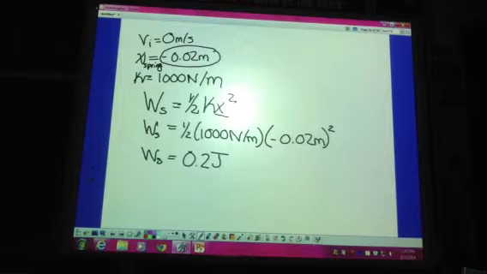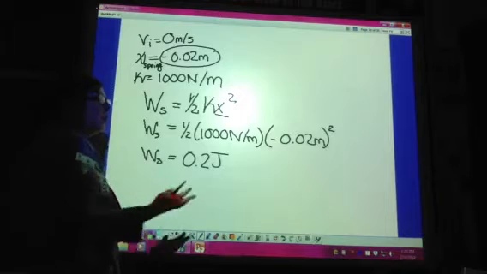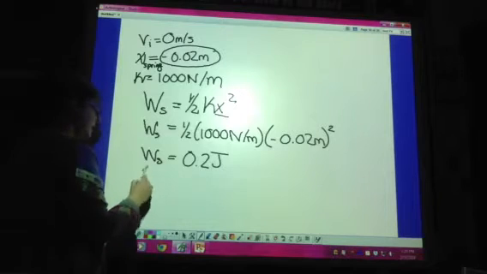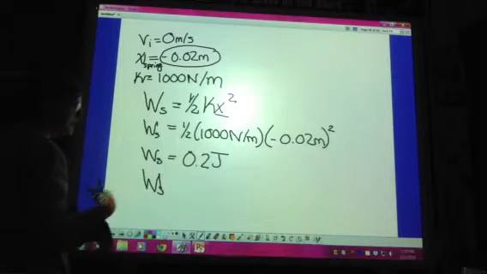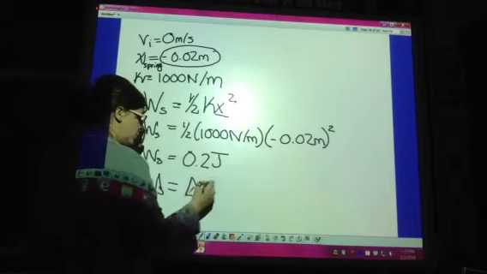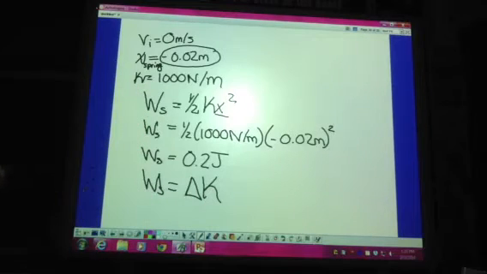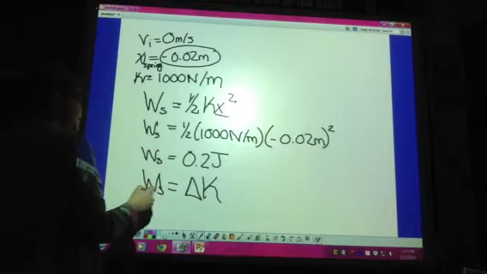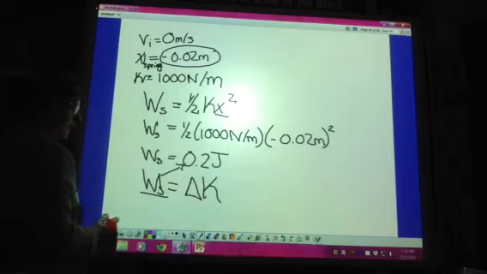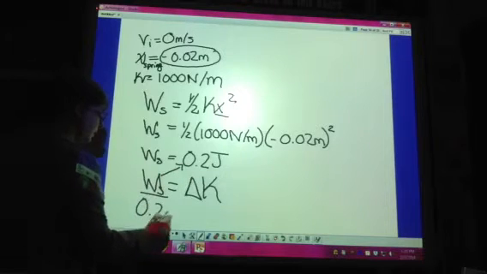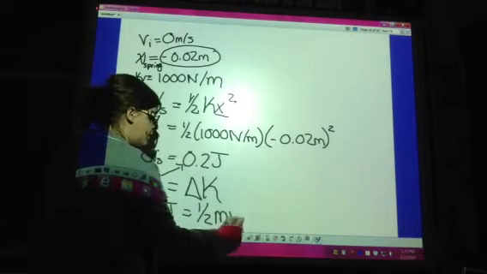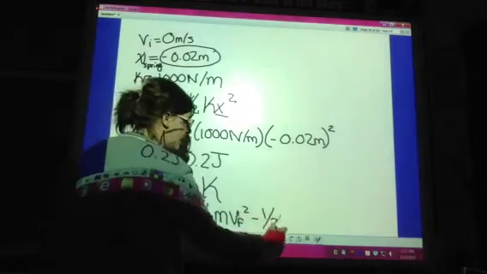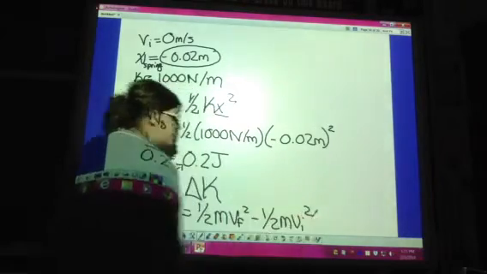Now they asked us to calculate the speed of the block. I know that my work-kinetic energy theorem can come into play, because the work being done by the spring on this object should be equivalent to the change in kinetic energy of that block. We already calculated it, so I know that this is 0.2 joules. Delta K is equal to 1/2 m v final squared minus 1/2 m v initial squared.